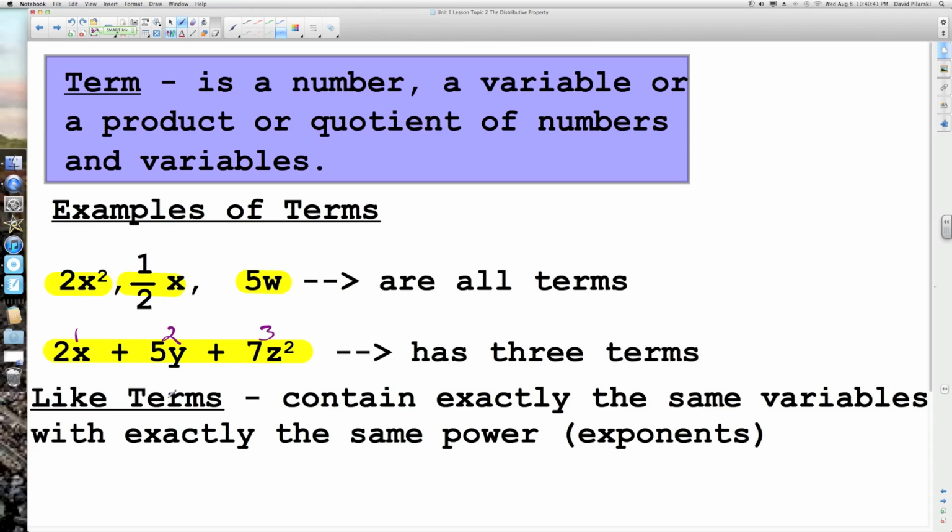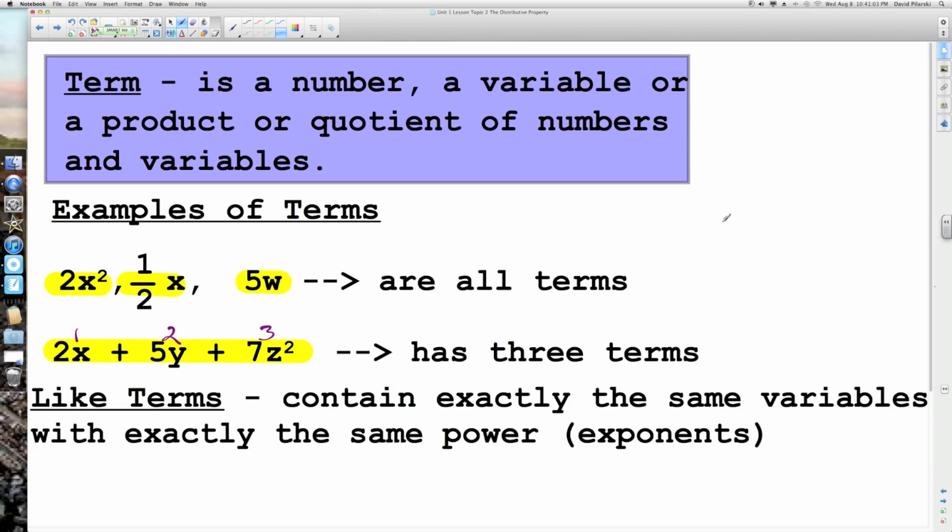Now, like terms contain exactly the same variables with exactly the same power or exponents on those variables. If we look at this example here that has three terms in it, this has 2x, this has 5y, and this has 7z squared. They have different variables, so none of these are like terms.